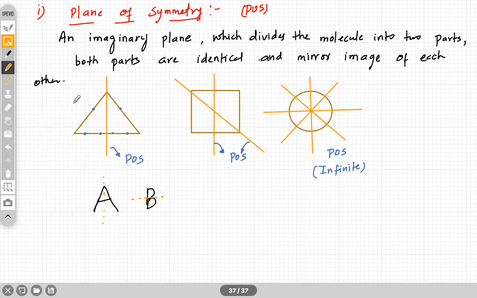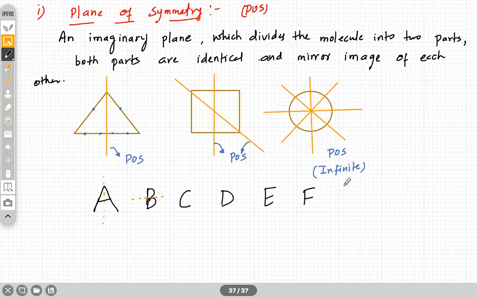Letter C, D, E, F, G, H. Like this we can take many. M, N, O, P, Z, all these letters you see.